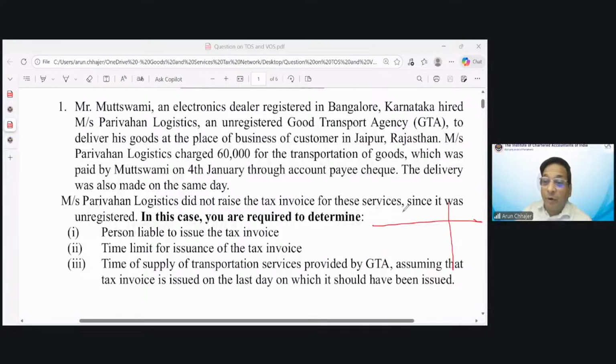If I am talking about GTA service, then the supplier is the GTA, Parivahan Logistic. And the recipient is the person who is liable to pay that consideration, Muthuswamy. But if I talk about supply of the goods, then the supplier is Muthuswamy, and the recipient is the Jaipur customer, whomsoever is there.